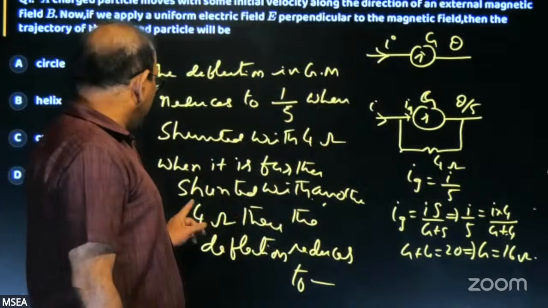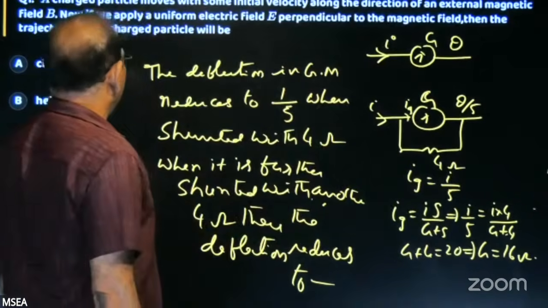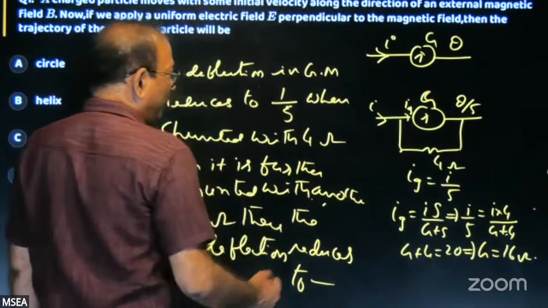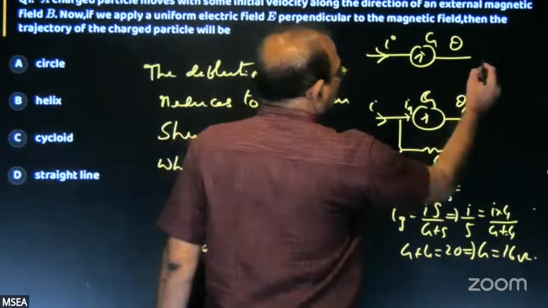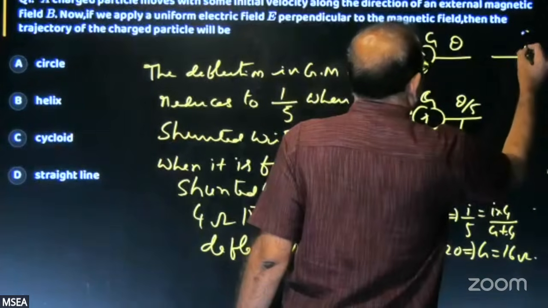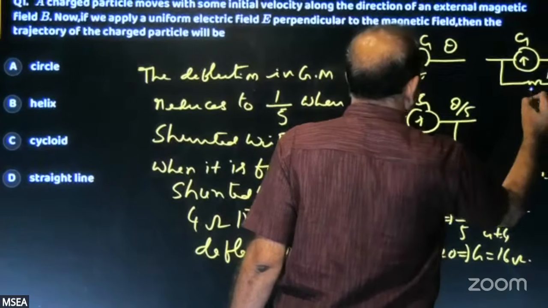Now come to the next sentence. When it is further shunted with another 4 ohm. See, here I am drawing. The galvanometer already has a 4 ohm shunt.